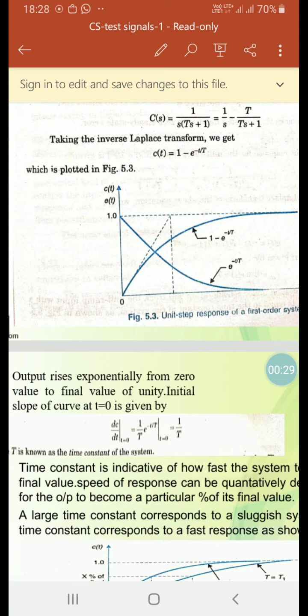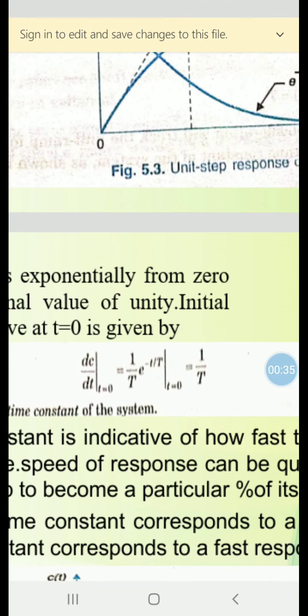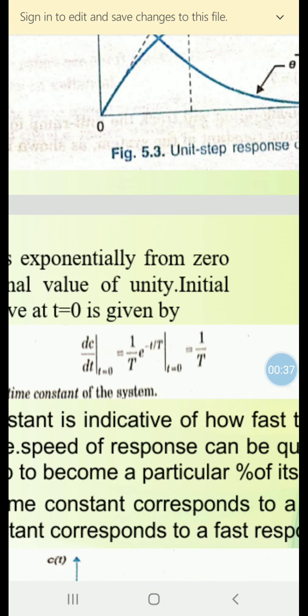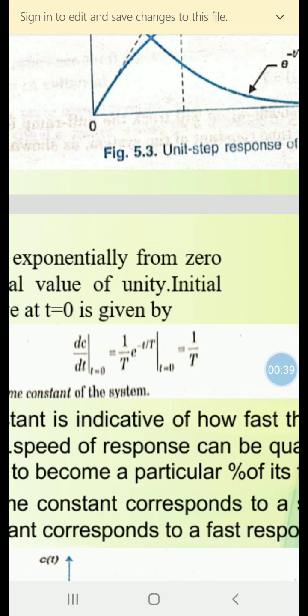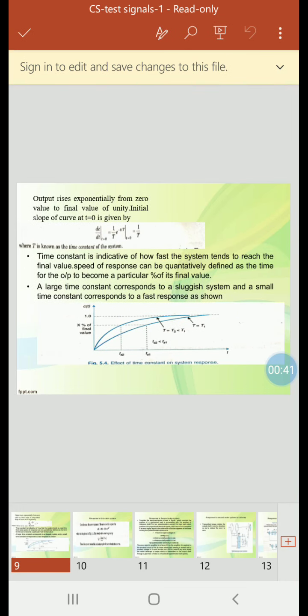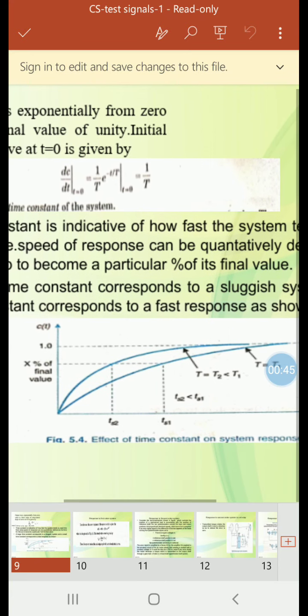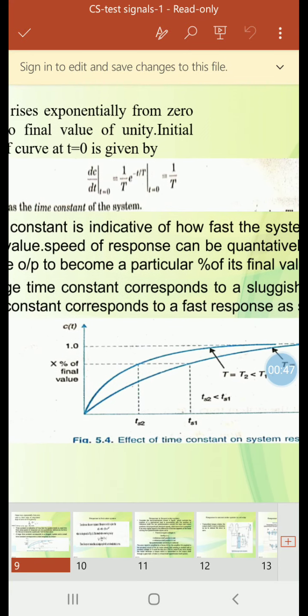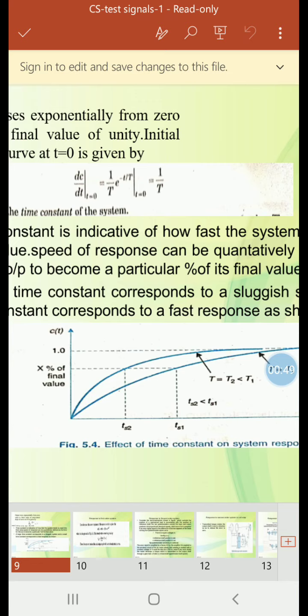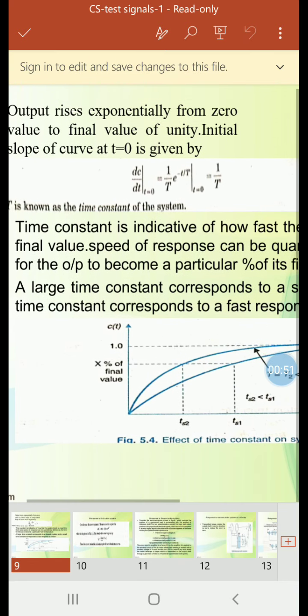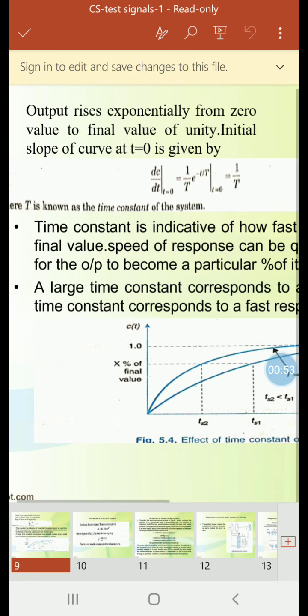So we'll find the initial slope of the curve at t equal to 0, which is given by dc/dt at t equal to 0, which is (1/T) e raised to minus t by T at t equal to 0, which comes to be 1 by T. This T is known as the time constant of the system.